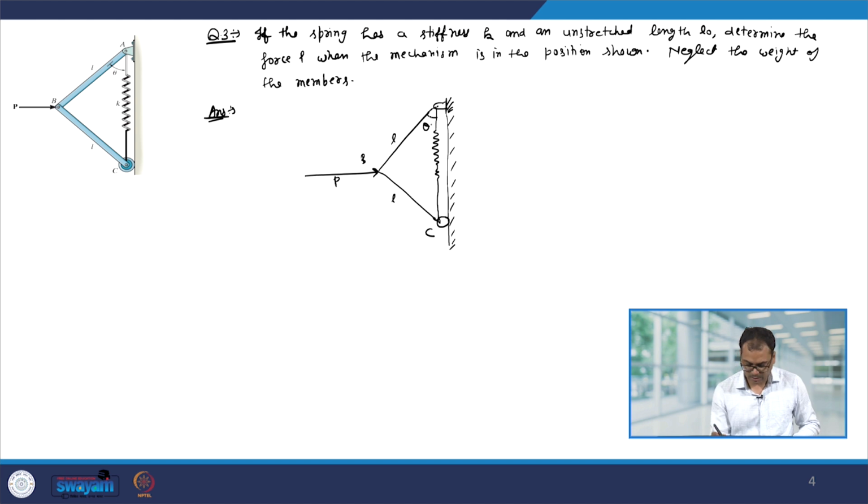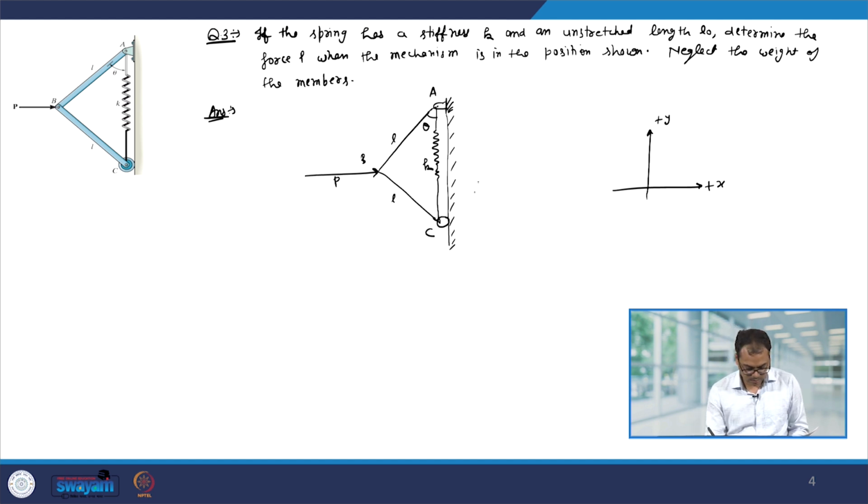This point is C, this point is A and that point was B. The spring constant is K. Since the force P is acting in that direction, let me take this as positive x and in this direction let me take positive y.